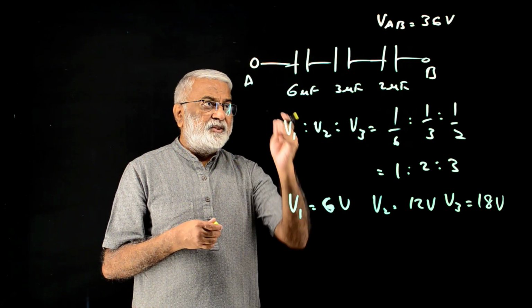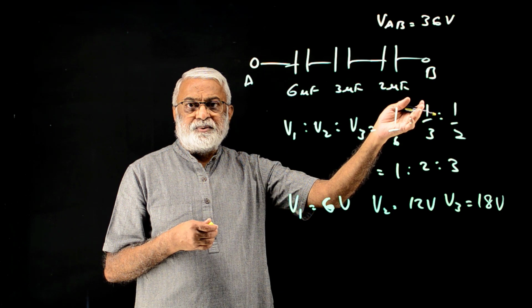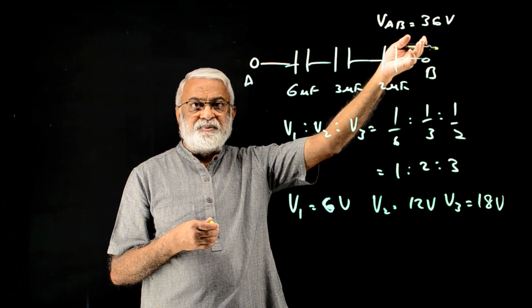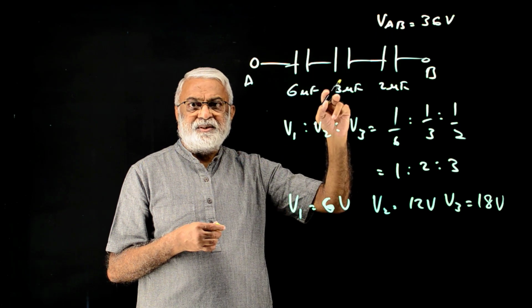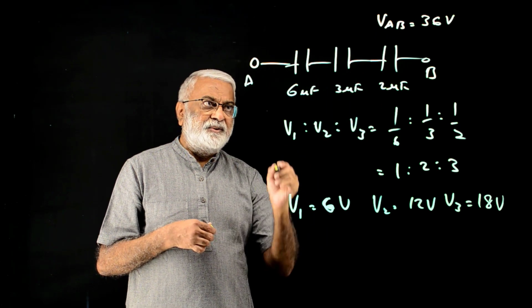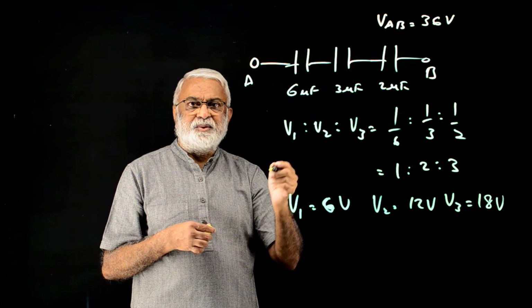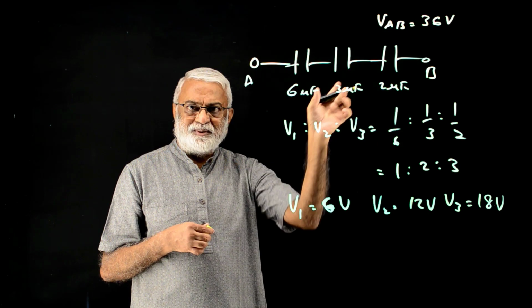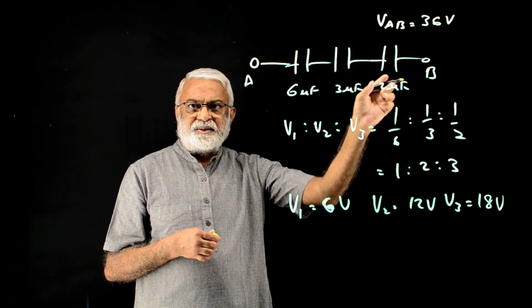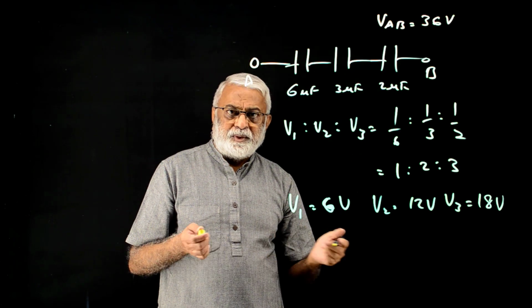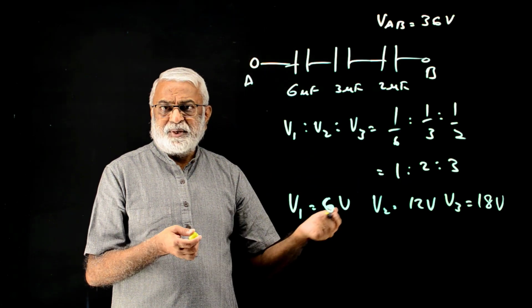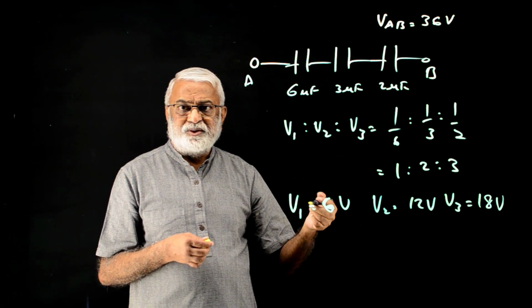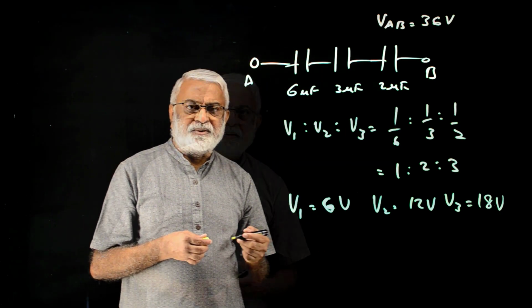So this equivalent capacitance came to 1 microfarad, since the applied potential is 36 volt, the equivalent capacitor will store 36 microcoulomb of charge. So 36 by 6, 6 volt; 36 by 3, 12 volt; 36 by 2, 18 volt. Done. Either way, you can prefer this in case you want to do a quick calculation. You don't have to calculate the charge on the equivalent capacitor.